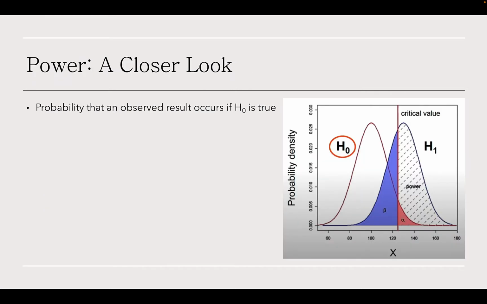All right, so let's dig in a little bit to power. And so we're going to go through a few slides where we're working with this graph on the right, and we're just going to break down each component that you're looking at. All right, so we know from our previous stats class that H naught is the null hypothesis, which assumes or tests the absence of an effect, right?